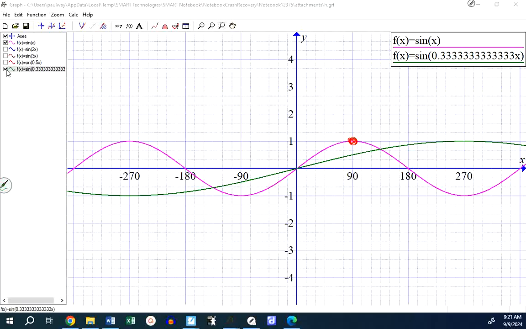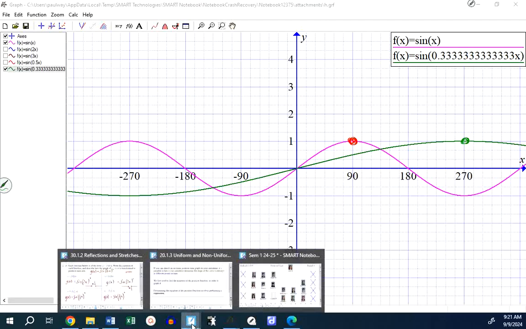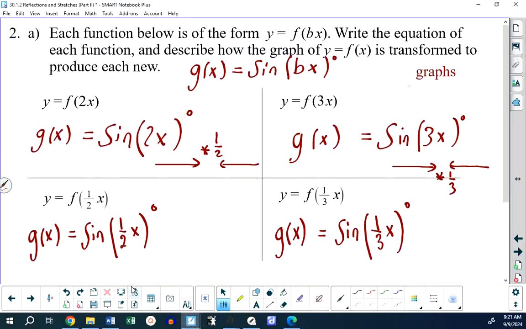But the distance from the origin to the peak max on the green graph is 270. It's 3 times greater. So this will be stretched horizontally by a factor of 2. Well, will be. It is stretched horizontally by a factor of 2, and this one is stretched horizontally by a factor of 3.